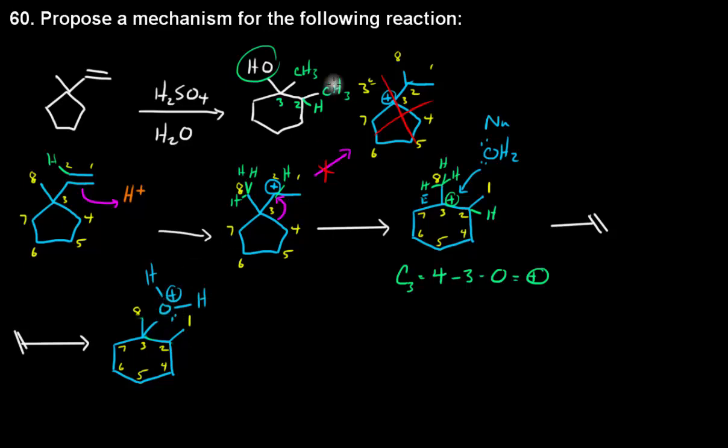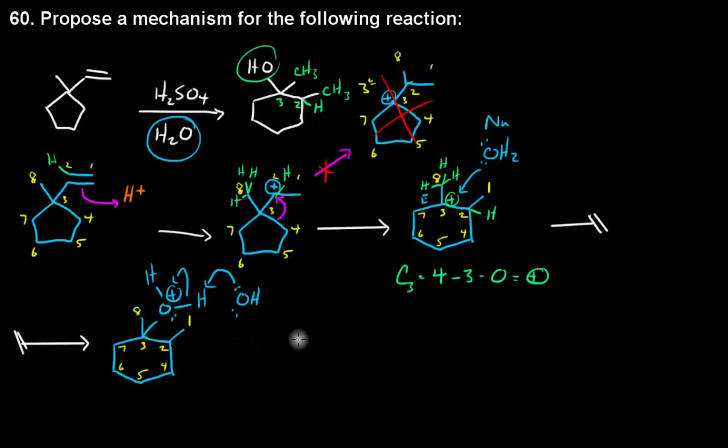So looking back at our final product, the oxygen is neutral. So how do we get the oxygen to become neutral? Well, we have an excess of water in solution, so let's take a little bit of water. I'm going to take this, have it act as a base, and it's going to remove that excess proton. We're going to put the electrons that used to be used for this bond onto this oxygen as a lone pair.